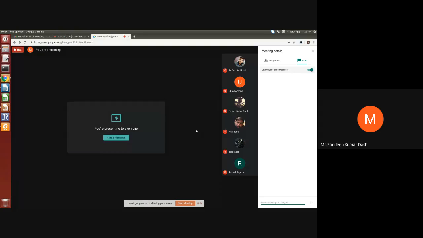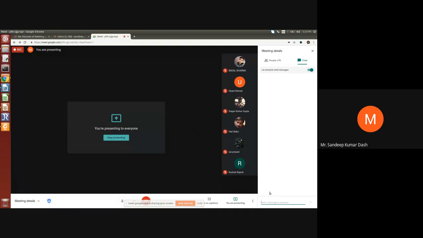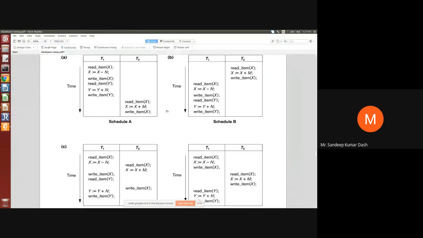What is the answer? These two are view serializable or not?